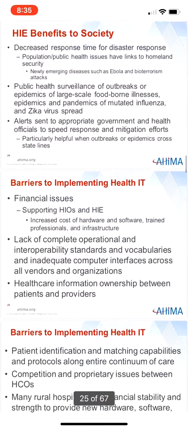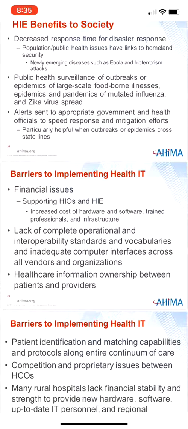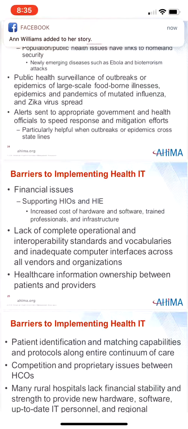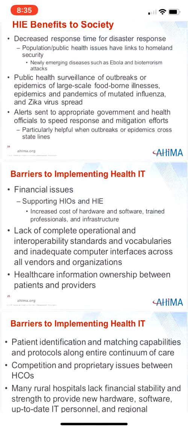And then we have barriers at the bottom of 188. So, however, along with the good comes the bad. Implementing computerization for a large portion of the healthcare industry creates many changes and problems. So some of our barriers, finance, it's expensive. You're going to have increased cost of hardware and software.